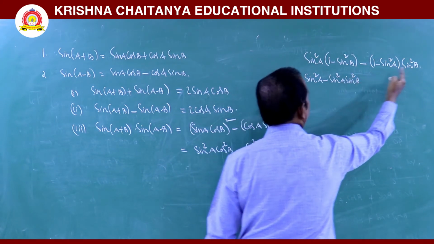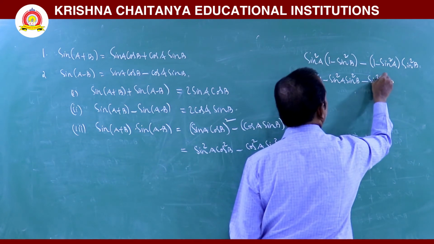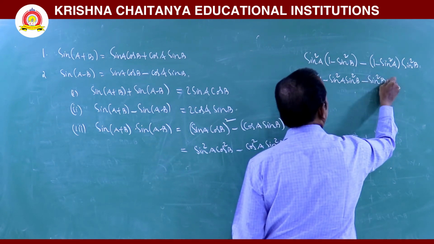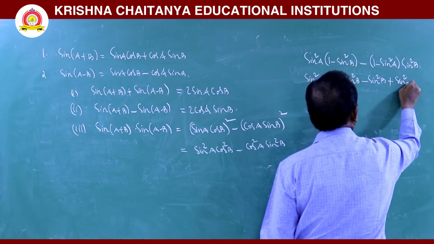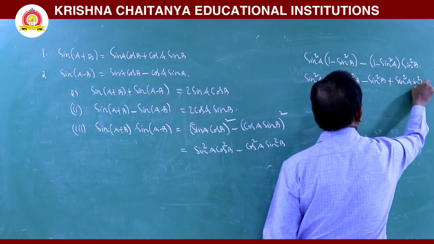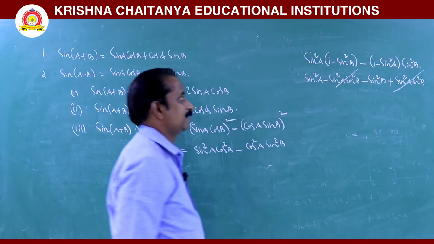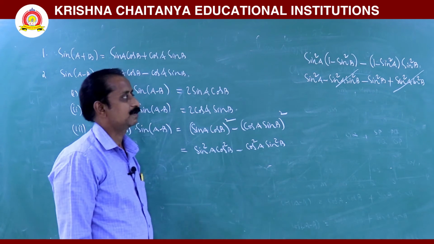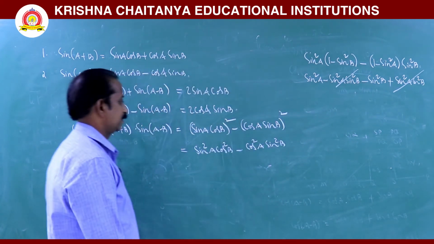Here multiply with the sin square b, what we get? Sin square b, minus into minus plus sin square a into sin square b. Sin square a sin square b plus sin square a sin square b minus sin square a sin square b getting cancelled. We get sin square a minus sin square b.